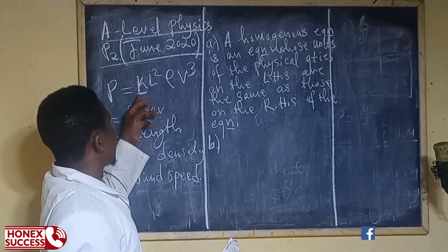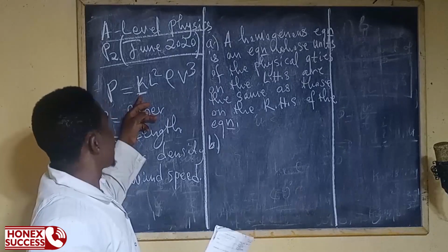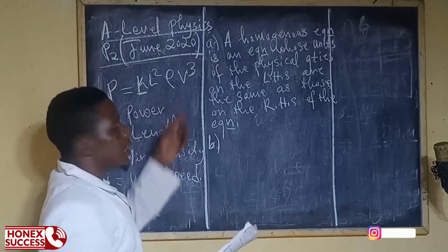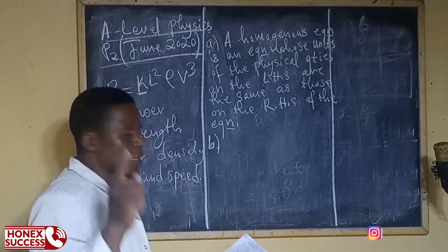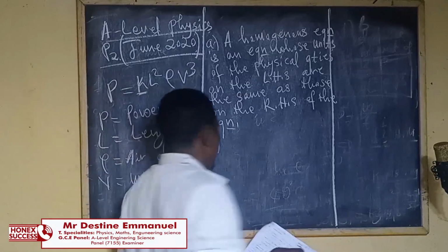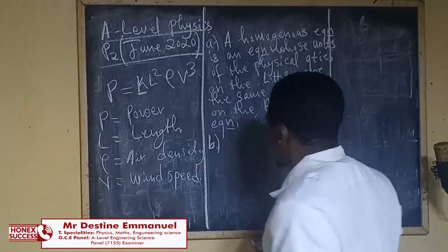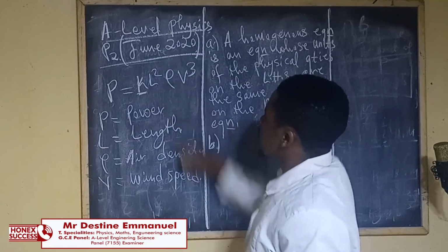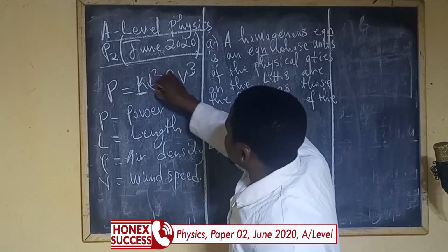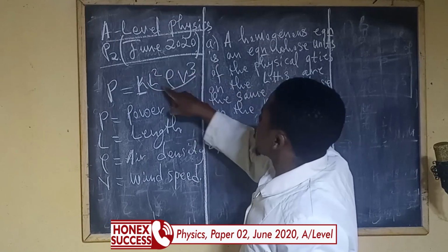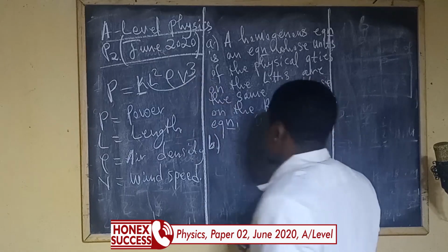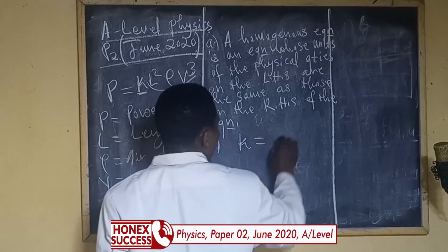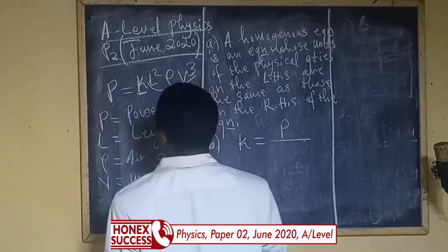Remember, making subject of the formula is form 3 work. We divide the equation on both sides by L squared rho V cubed. So it will give us K equal to P, which is the power, all over L squared rho V to the power 3.